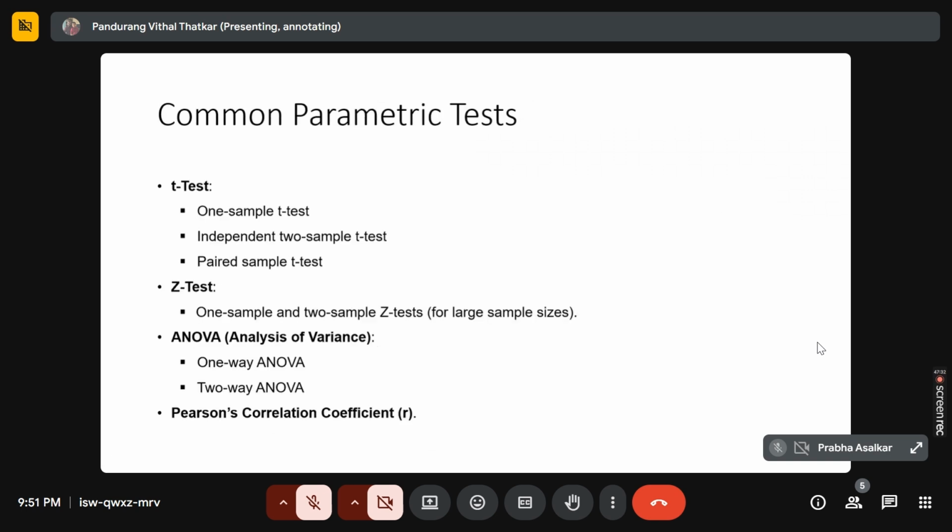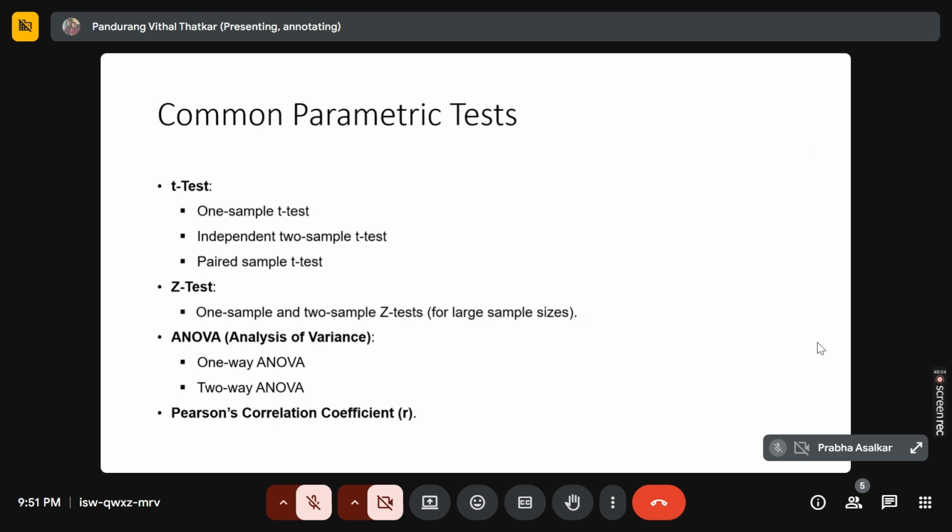The common parametric tests: the first one is the t-test. It has three different types: one sample t-test, independent sample t-test, and paired sample t-test. One sample t-test can be used when we have only one sample and we want to compare that with some given value. In case of independent two sample t-test, we have two different groups, and we want to compare these two groups.